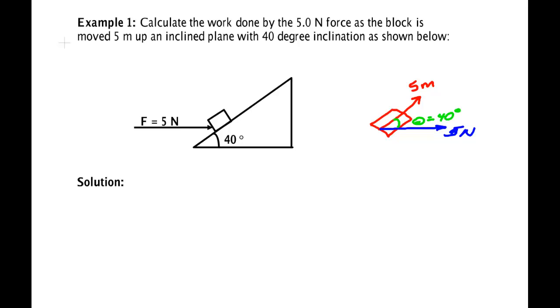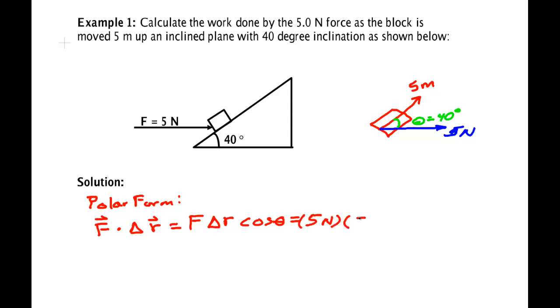Alright, now let's first do it in the polar form, which is the most convenient for this problem because I've got angles and I have magnitudes. So this is how I would do it if it was me. I'm looking for F dot delta R, which is F delta R times the cosine of theta. That would be 5 newtons.